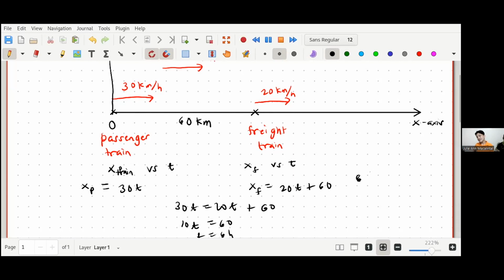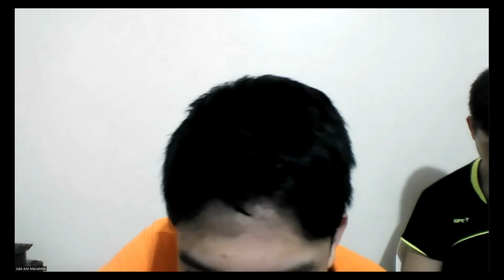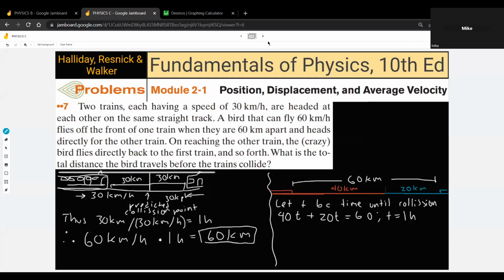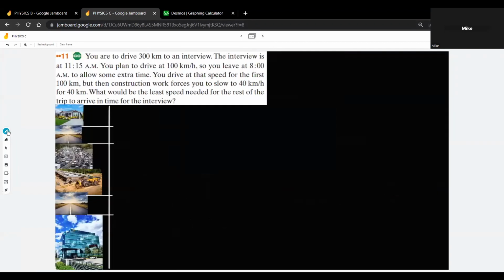Anyway, sige. Let's now go to the next item. So, stop ko muna yung share ko. Paano ko ba stop yan? Ayun. So, number 7, buksan ko rin yung PDF ko niyan.